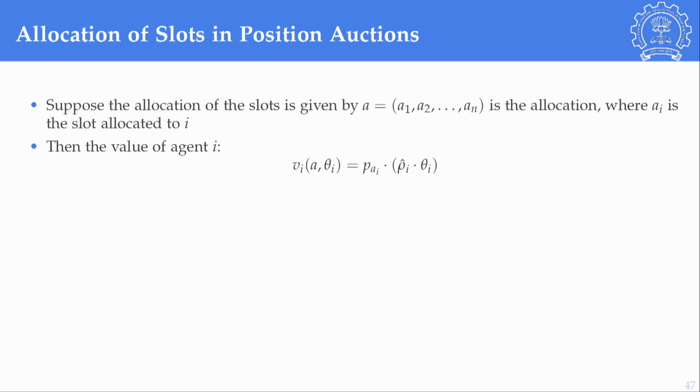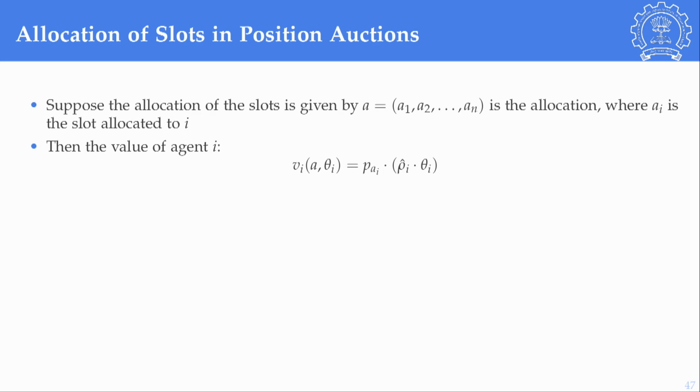So, the value of the agent when this particular allocation has happened: my final allocation is A1 to AN, and Ai is the slot allocated to i. So, maybe this ith advertiser's ad location was, let us say, at the 10th position.